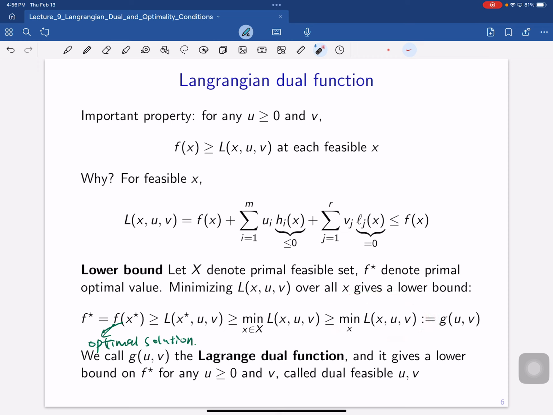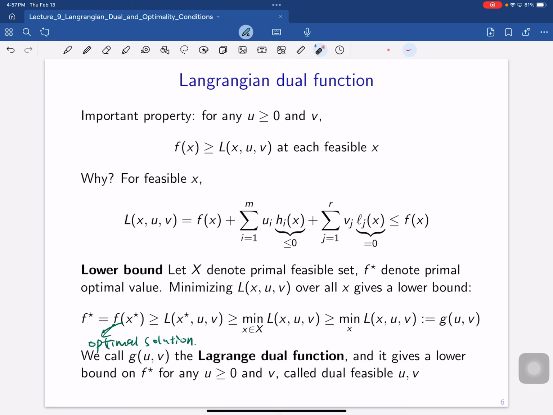Just like we did in linear programs, we use the Lagrangian multiplier to relax the original problem, and then we take the minimum over x. Okay, so that's the two sides of the inequality. One is the optimal solution. The other side is the Lagrangian dual function here. Okay, so let's show those inequalities hold.